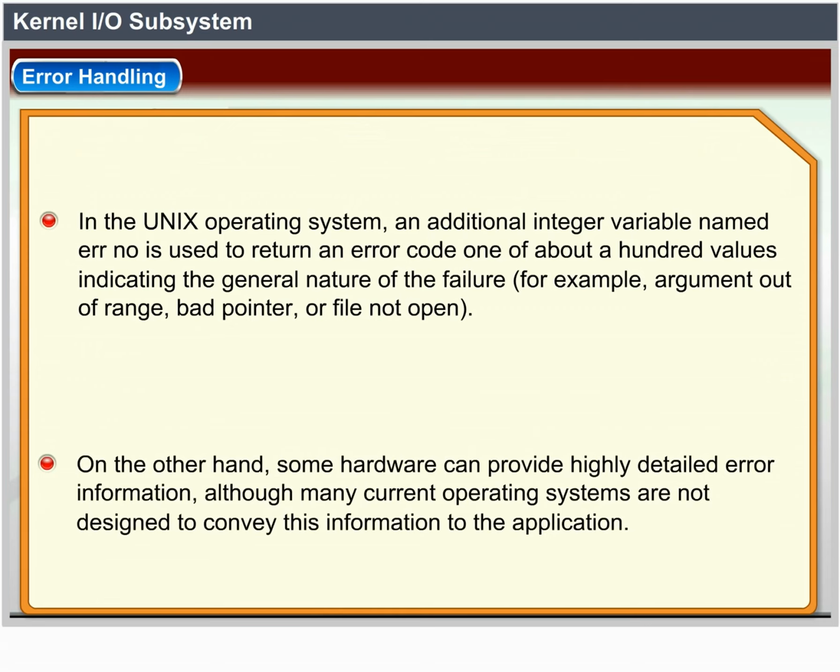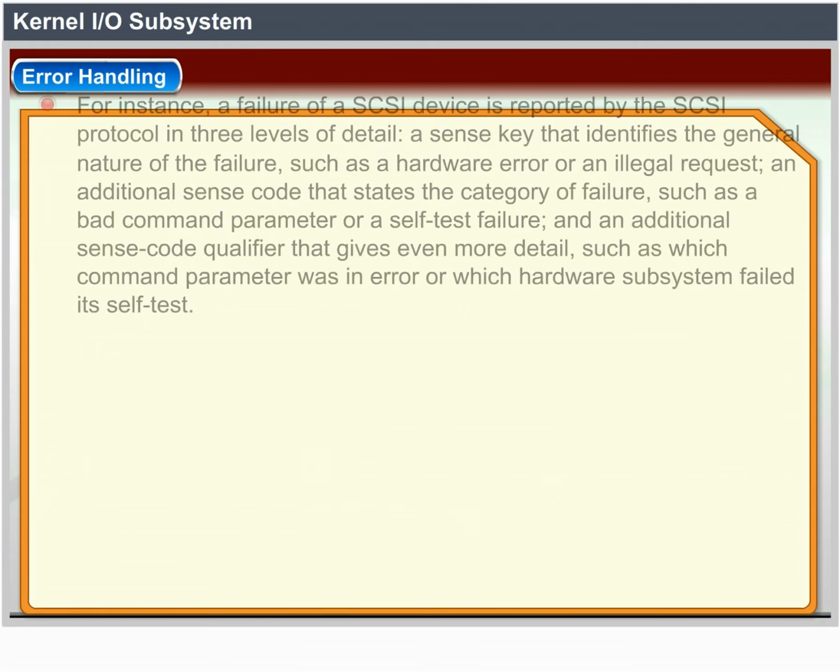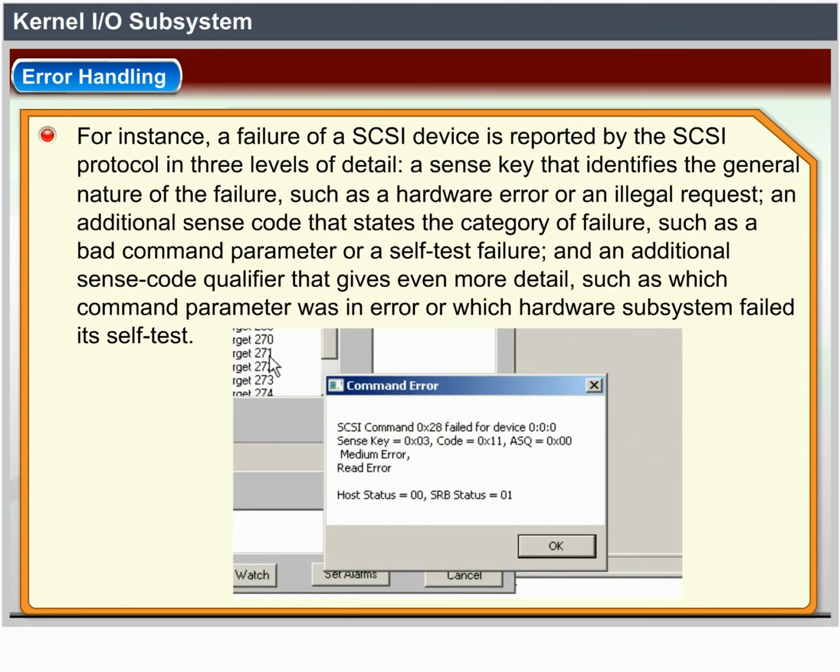For instance, a failure of a SCSI device is reported by the SCSI protocol in 3 levels of detail: a sense key that identifies the general nature of the failure, such as a hardware error or an illegal request; an additional sense code that states the category of failure, such as a bad command parameter or a self-test failure; and an additional sense code qualifier that gives even more detail, such as which command parameter was in error or which hardware system failed its self-test.